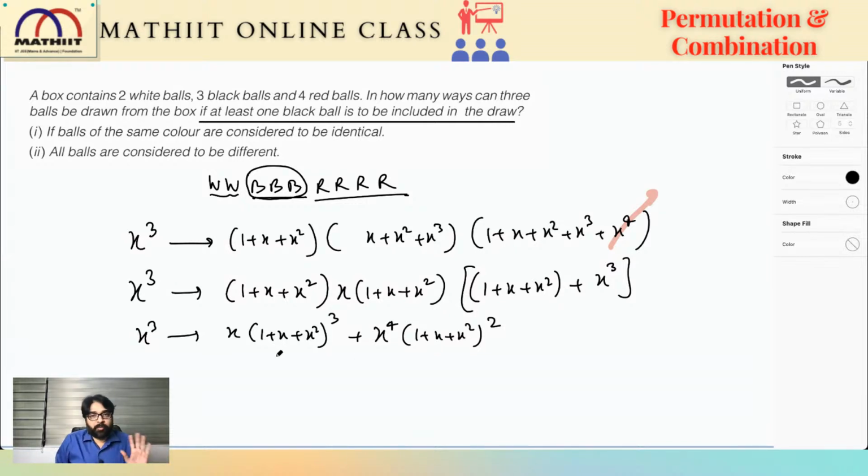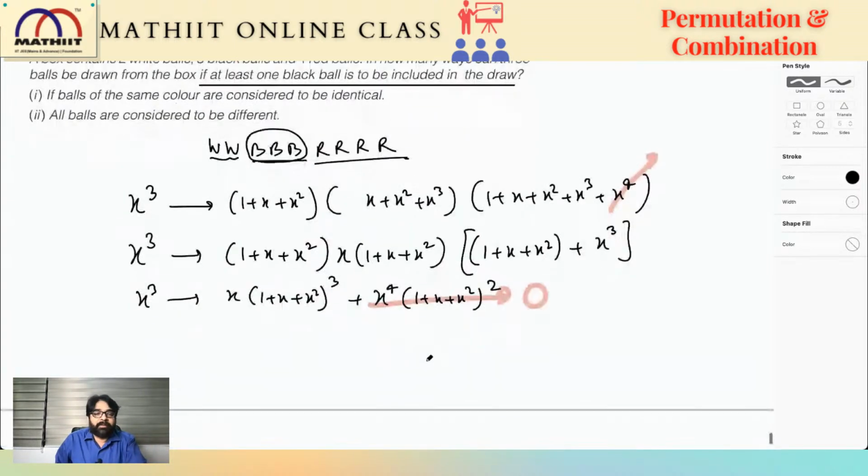Now the x cube coefficient. Watch it carefully. Here x is already there, which means from here I want the x square coefficient. And x power 4 is there, so in this case again I will reject. This is gone. This will not give you x cube, because x power 4 is there and this has to give you x power minus 1, which is not possible. So leave it out.